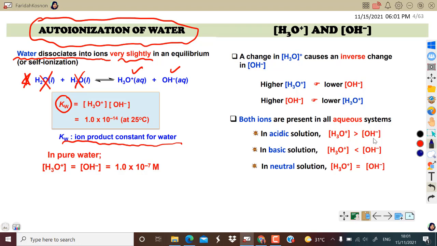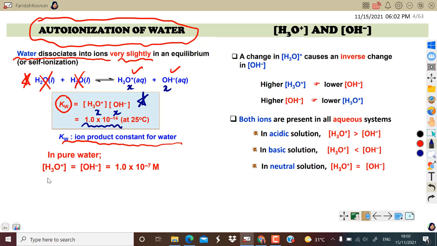So, Kw is equal to concentration of hydronium ion times concentration of hydroxide ion. And the value of Kw at 25 degrees Celsius is 1.0 times 10 to the power of negative 14. Okay, so seolah-olah ini adalah X, ini adalah X. So, kalau kita tengok X squared equals 1.0 times 10 to the power of negative 14. So, berapakah?